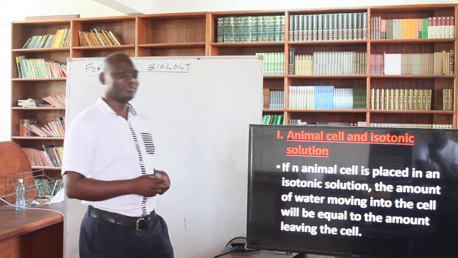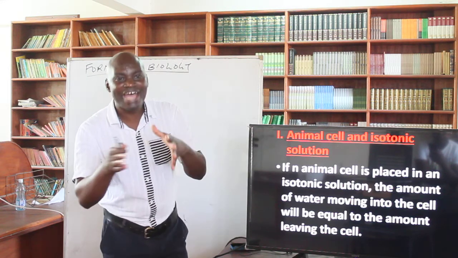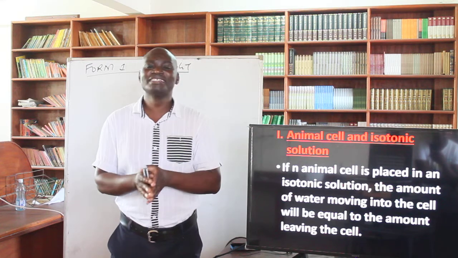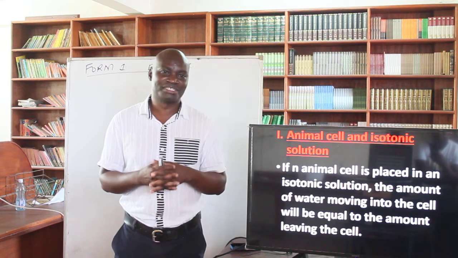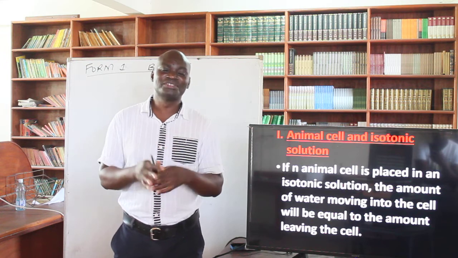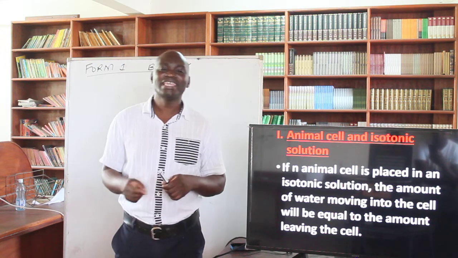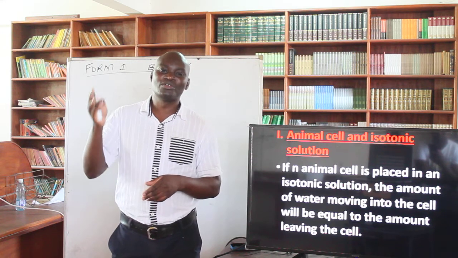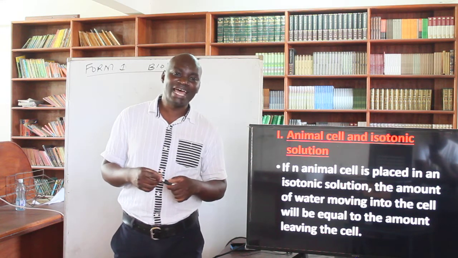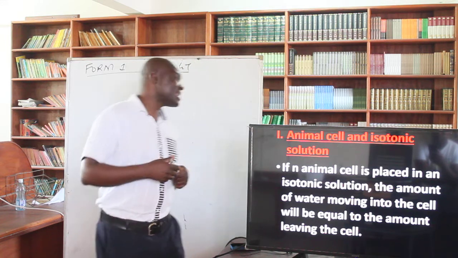Now, if, for example, we have an animal cell placed in an isotonic solution. Isotonic solution means a solution whose concentration is the same as the concentration of the cell cytoplasm.